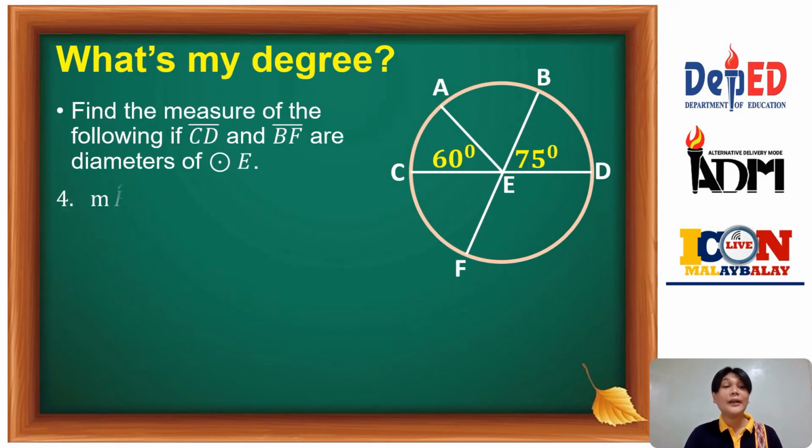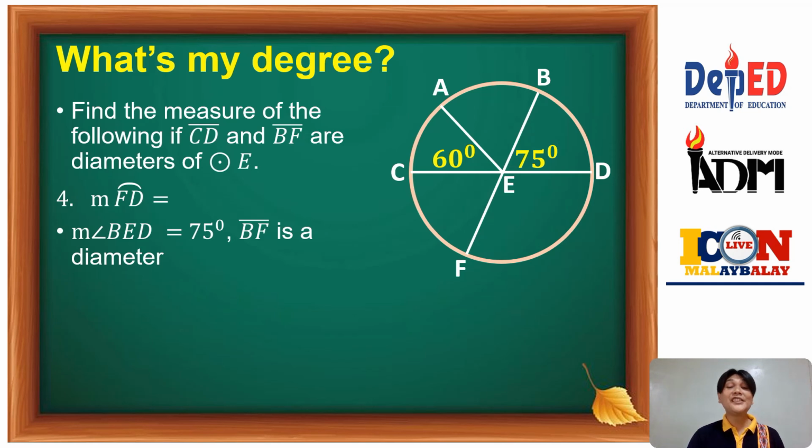Number 4. Find the measure of arc FD. So, we are going to consider the measure of angle BED. Why? Because they're connected. Arc BD and arc DF make up the semicircle with line segment BF as a diameter. So we can solve it as 180 degrees minus 75 degrees.